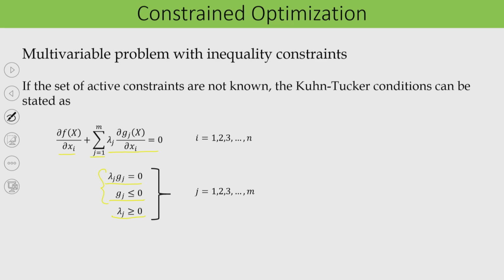So, if the set of active constraints is not known, you have to put these two additional conditions, that is lambda j z j equal to 0 and z j less than or equal to 0.